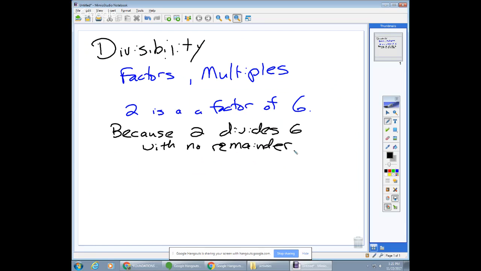So that's one way to look at it. 2 goes into 6 3 times. 3 times 2 is 6, and I get no remainder.